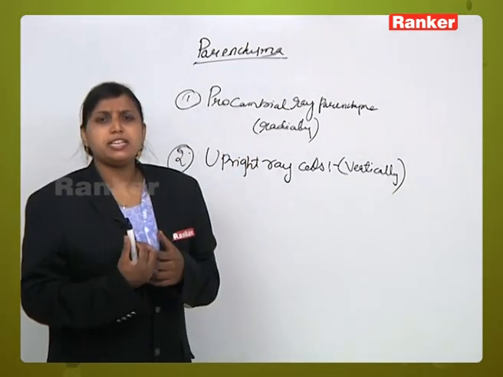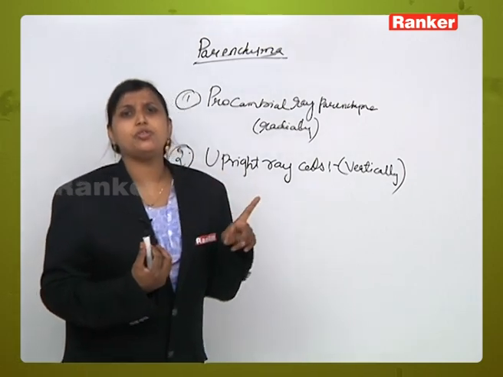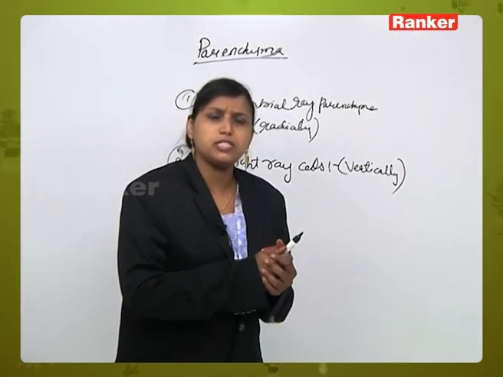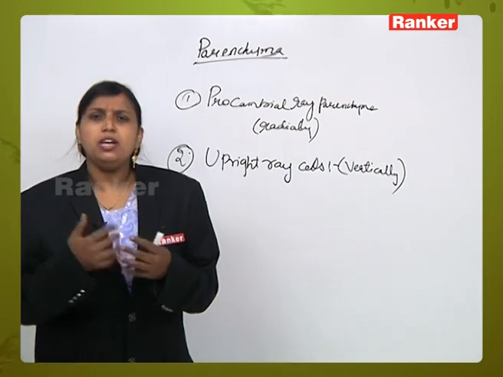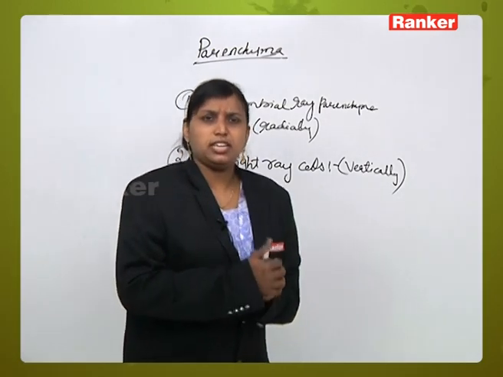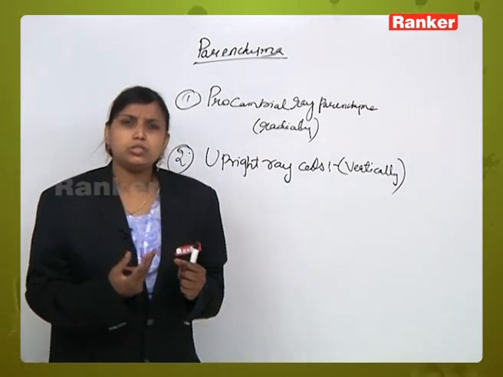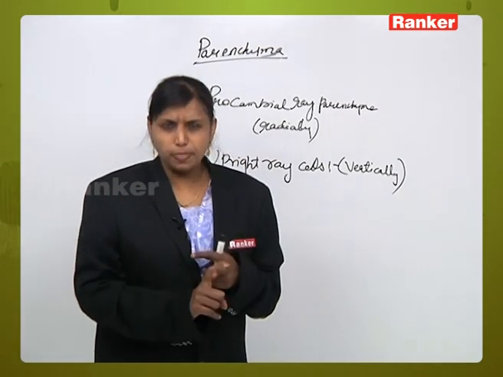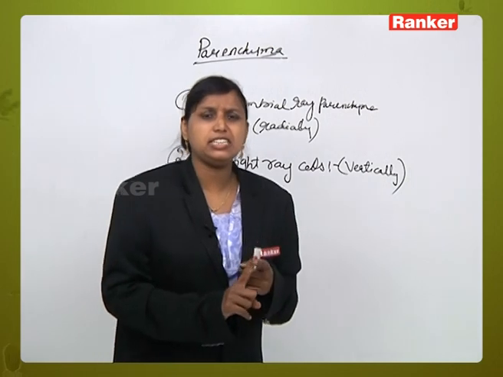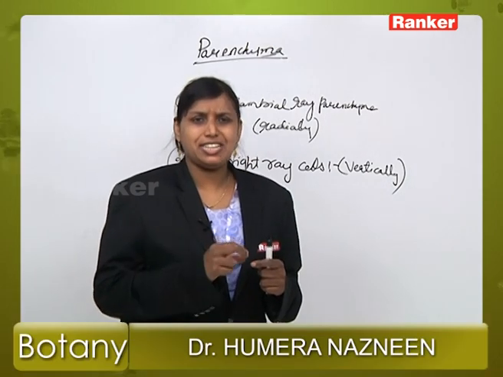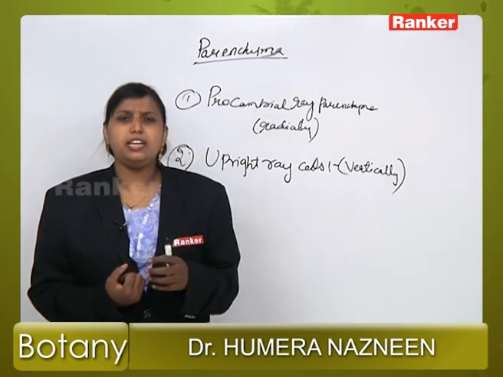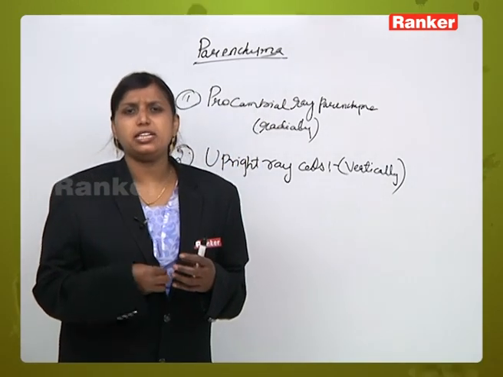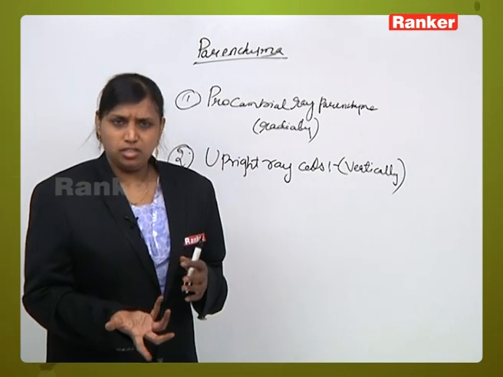In primary xylem there are protoxylem and metaxylem. Protoxylem is formed at the initial stages and metaxylem at the later stages. We also added two terms, endarch and exarch. Endarch is a condition where protoxylem is in the center and metaxylem surrounds it, and exarch is where metaxylem is in the center and protoxylem is outside.